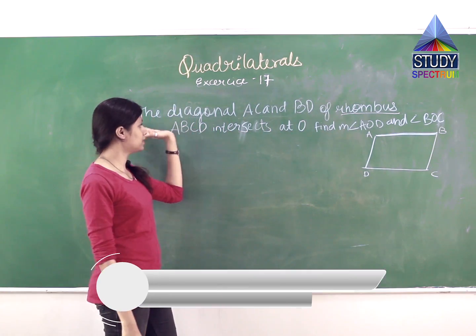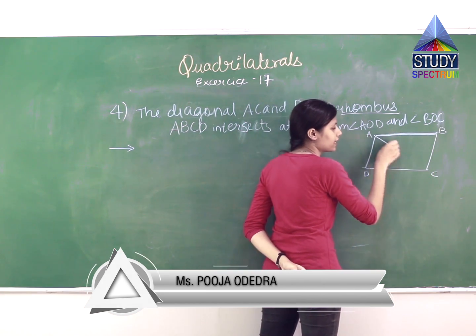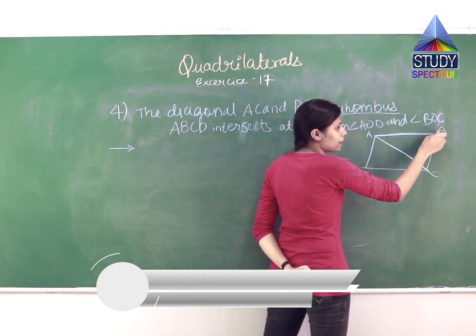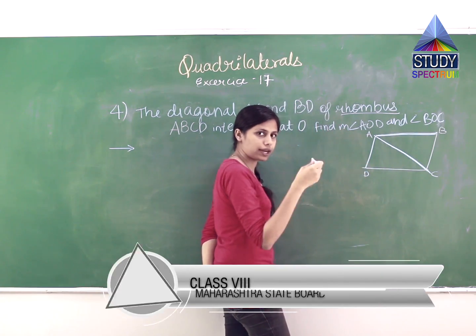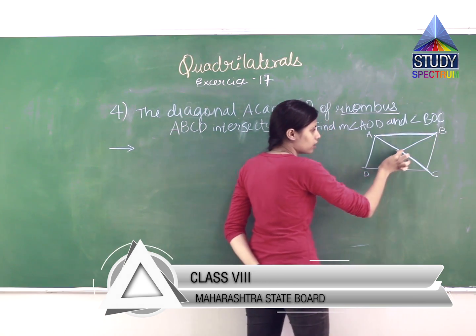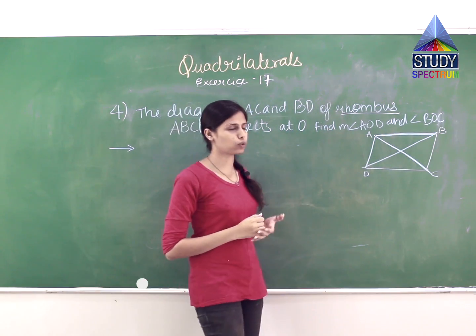And they are telling that the diagonal AC, this is A, this is C. Joining this we get the diagonal AC. And the diagonal BD, this is B, this is D. Joining these opposite angles we get a diagonal. Join both diagonals and we get a rhombus with two diagonals.